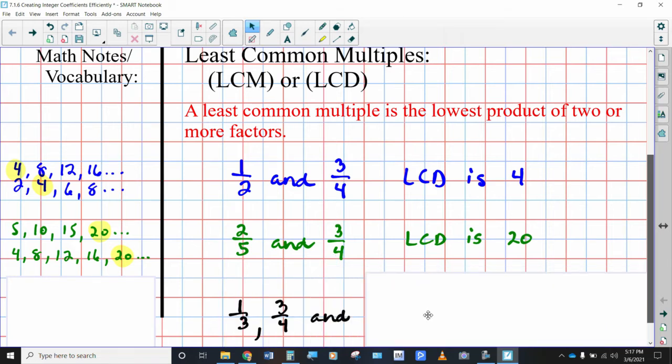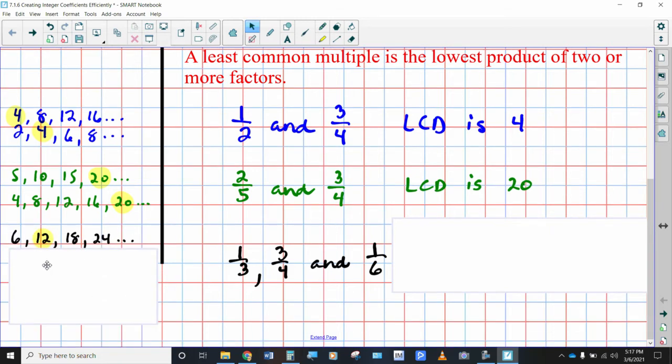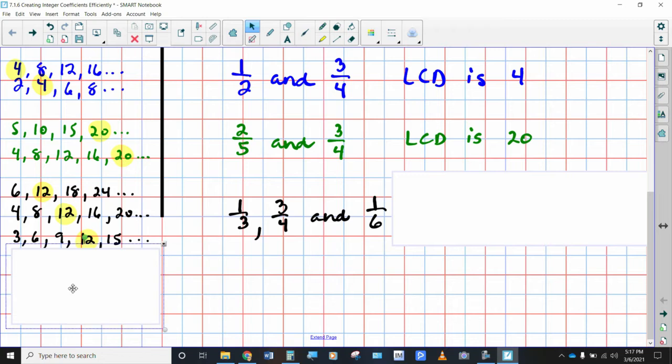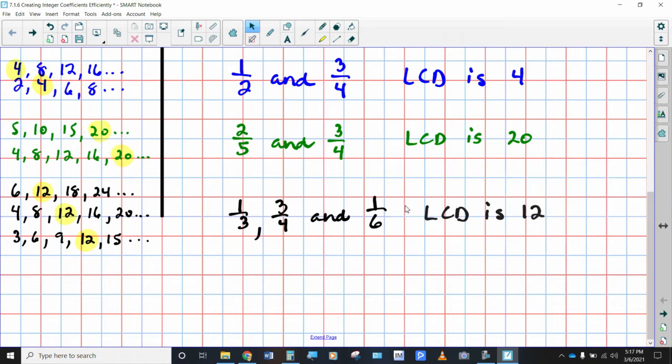If you have 3 of them, it gets a little bit trickier. So I always recommend starting, as we did here, with the greatest denominator and doing a counting sequence with your greatest denominator. In this case, 6 goes into 12, and then 18, and then 24. And 4 goes into 12 3 times, and 3 goes into 12 4 times. So 12 would be our magic denominator that we would use here. So we would change each one of these fractions.